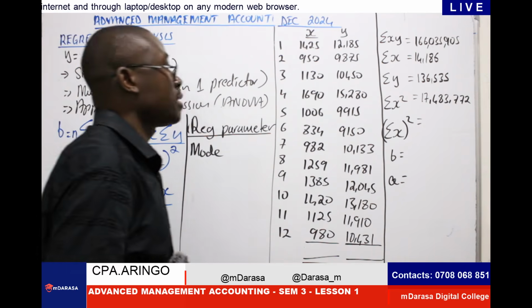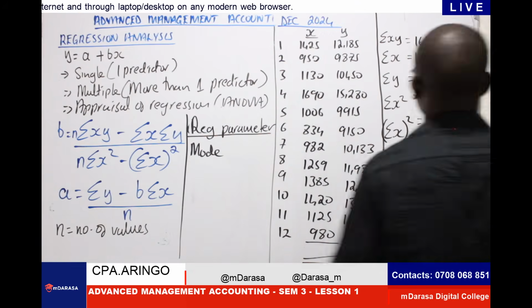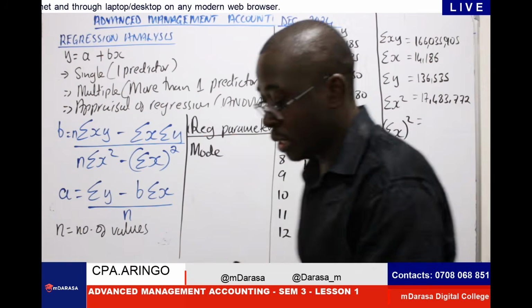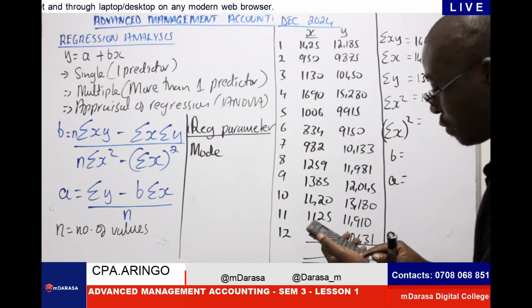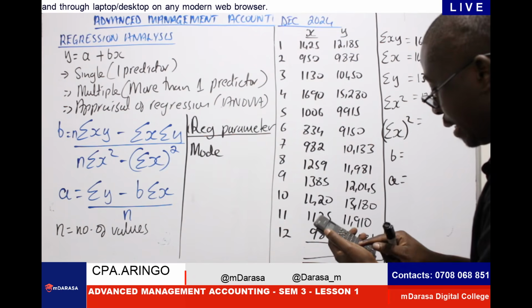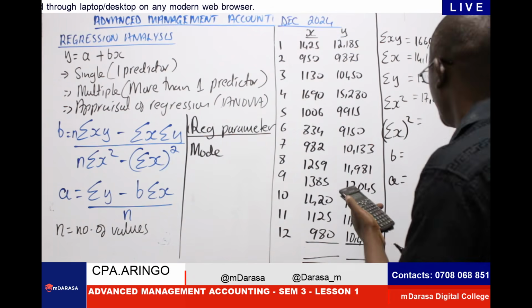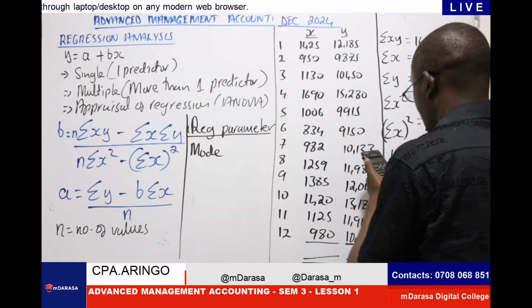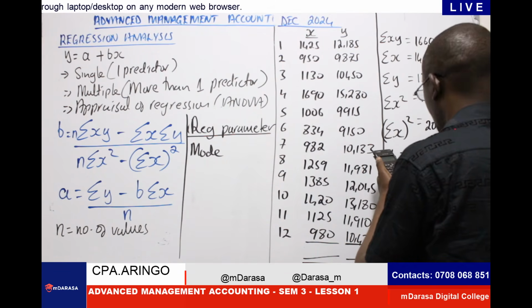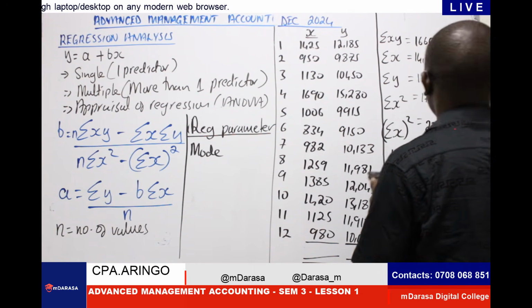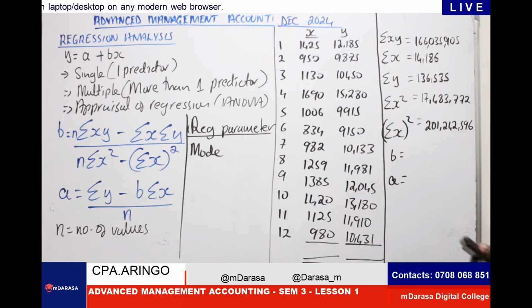So in our case, because we have summation of x, manually in your calculator, do summation of x, which is 14,186, you square. Just do it manually. You'll get 201,242,596. You see? So that is what you're getting, summation of x, then squared.